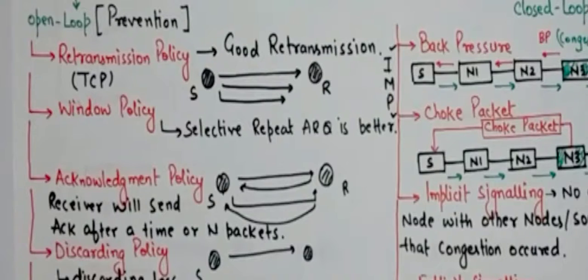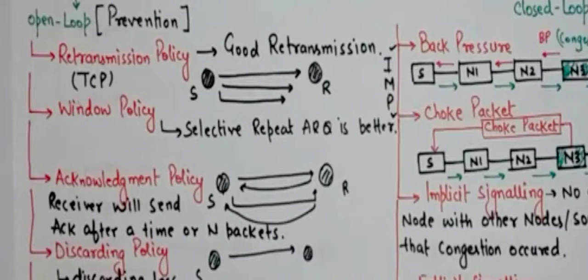This problem is present in the go back protocol. So you are retransmitting the 5 frames again, and congestion is also going to appear, right?